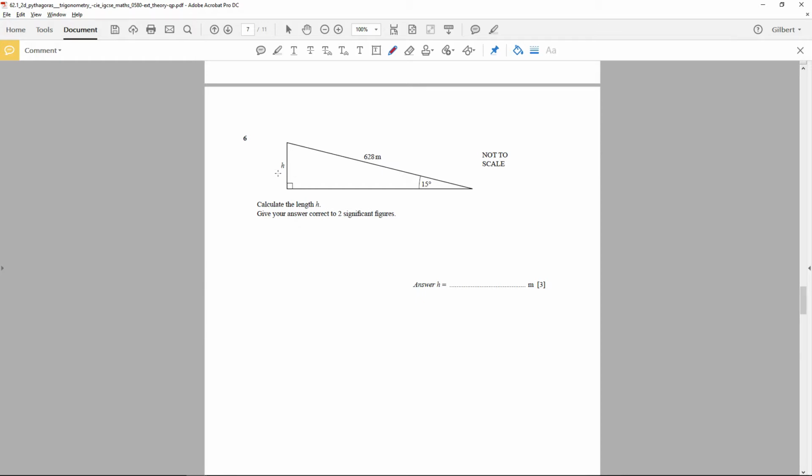Calculate the length of H. This will be the opposite, hypotenuse, and adjacent again. In order to find the opposite, we will use sine 15 equals H over 628. H equals 628 times sine 15.